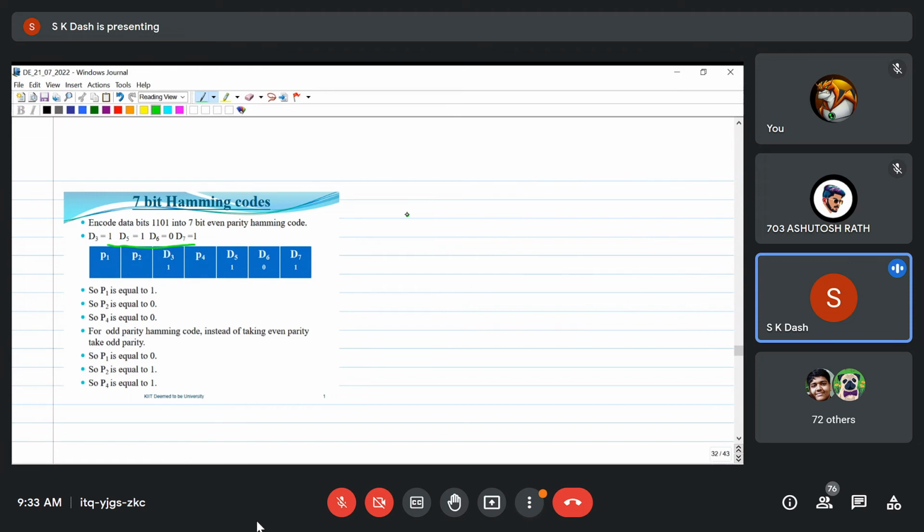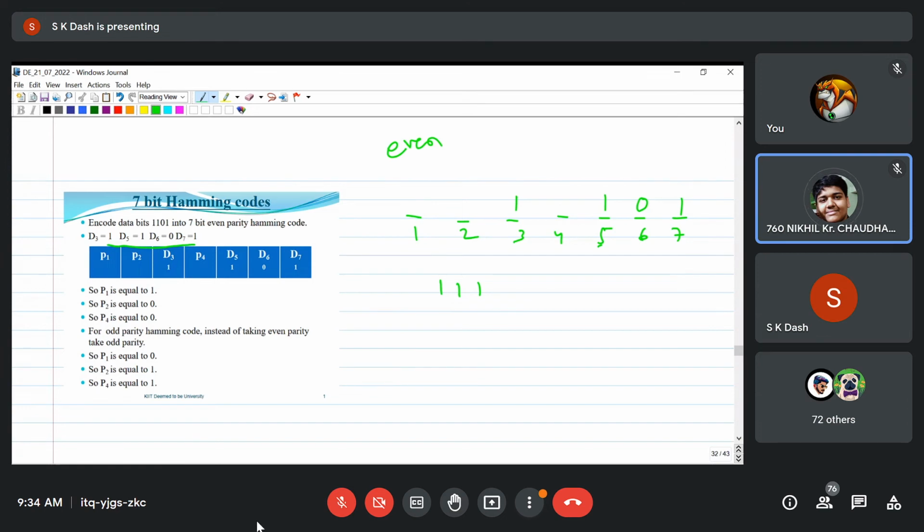D3 is 1, D5 is 1, D6 is 0, D7 is 1. First, 1, 3, 5, 7: 3 is 1, 5 is 1, 7 is 1. If you are using even parity system, what needs to be added? 1. So in place 1, 1 will be added.